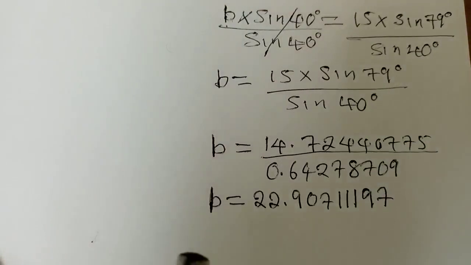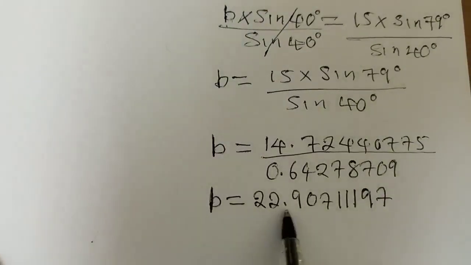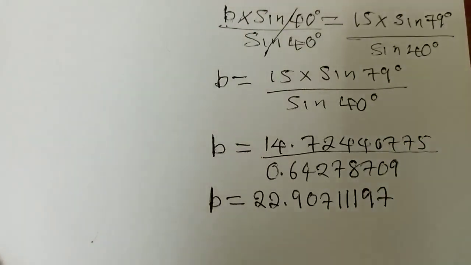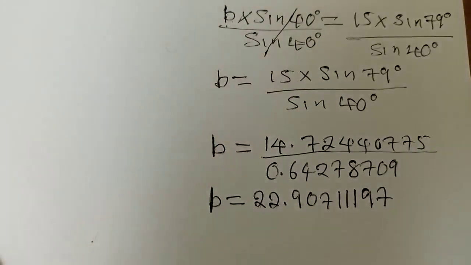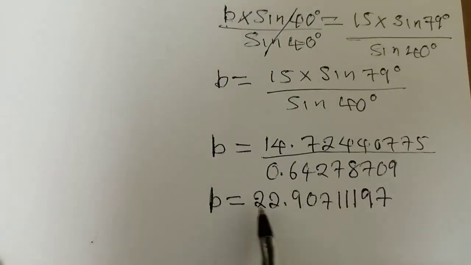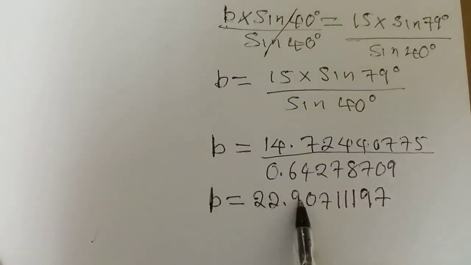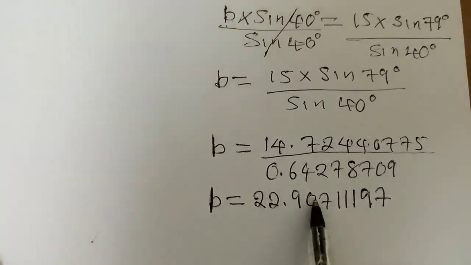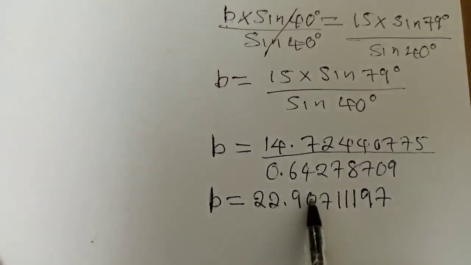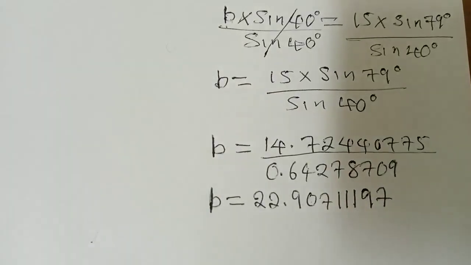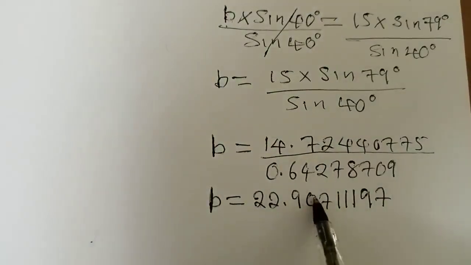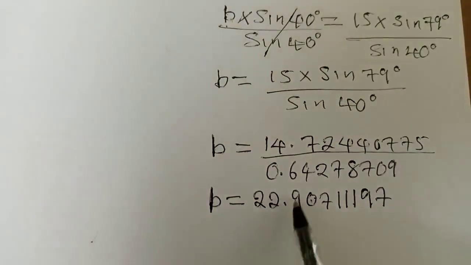Remember, I said in the previous video that whenever you find your final answer, round it off to 3 significant figures, 3 important numbers, and you count starting from here. So this is 1, 2, 3, the first 3 important numbers. If the next number is greater than 4, meaning starting from 5 going up, you add 1 to this number here.